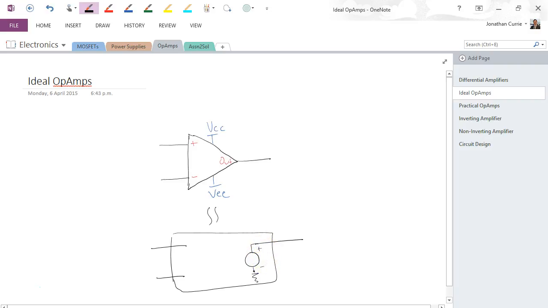Plus and minus. Okay, so there's a voltage source. Alright, so there's our output, our VP, our VN, as measured between that point and ground, and that point and ground as well.